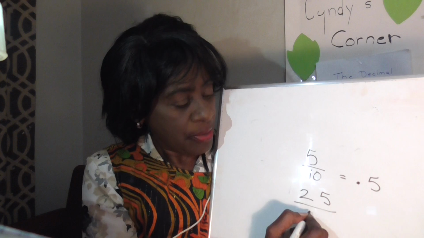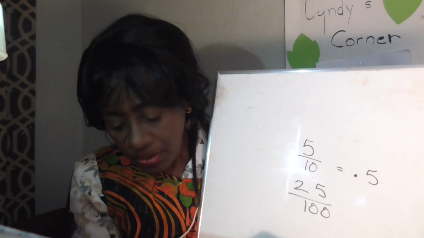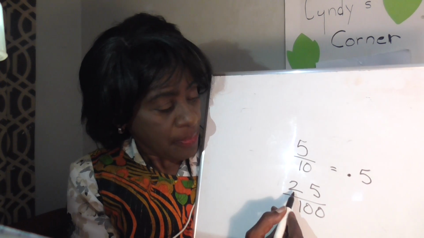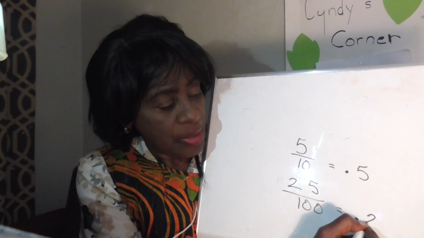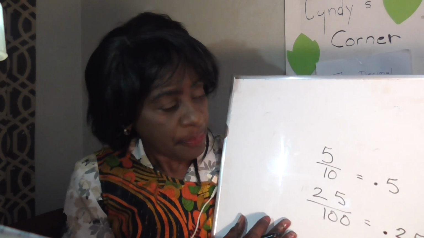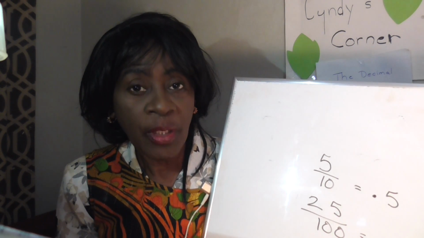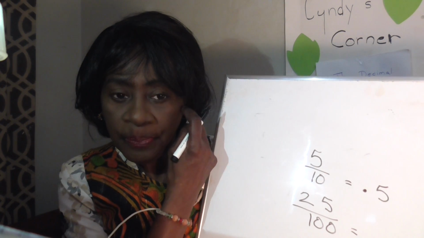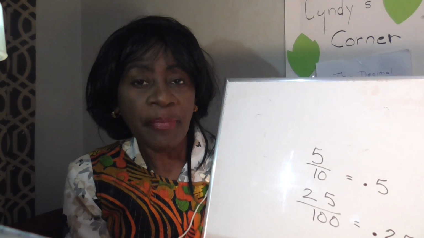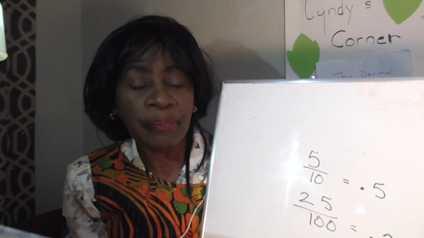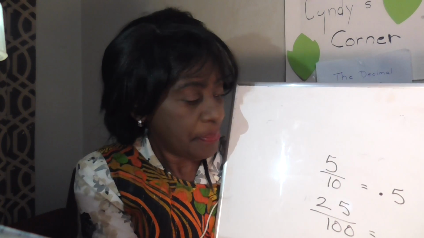The denominator is in the value of 10. 25 over 100 in decimal form is written 0.25. Because there are 3 parts to the decimal system, many times when you see something written in decimal form, a whole number is part of the decimal system.